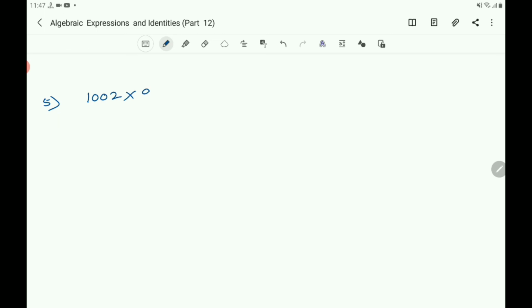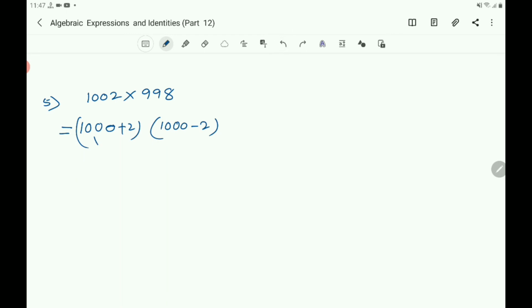Now here 1002 and 998, you can express as a product of sum and difference of two terms, because 1002 is 1000 plus 2, and 998 is 1000 minus 2.